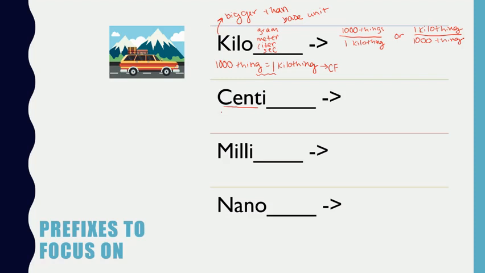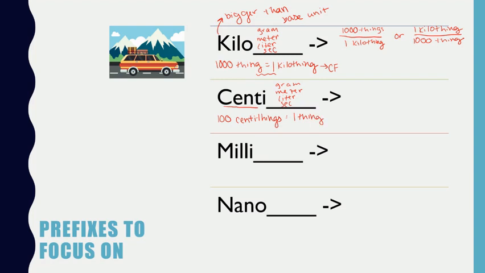Because for centi, whether it's a centigram, a centimeter, a centiliter, or a centisecond, we are going to have 100 centi things for every one thing.